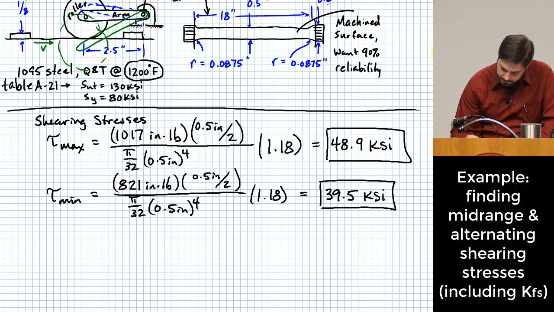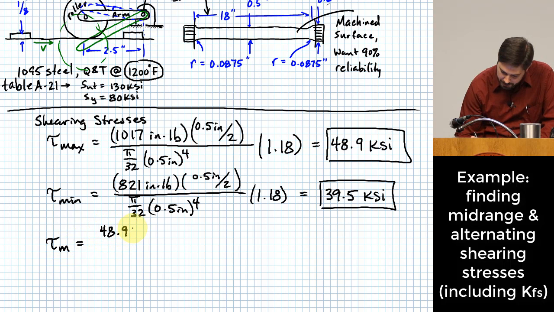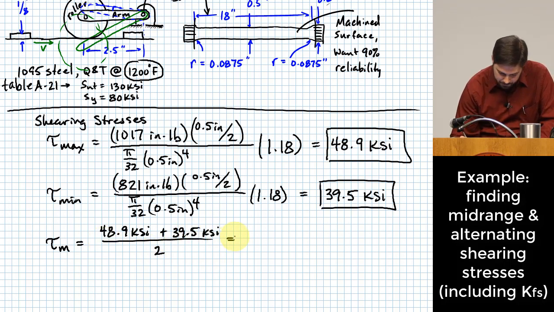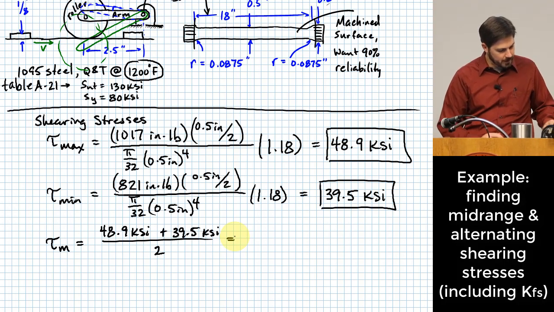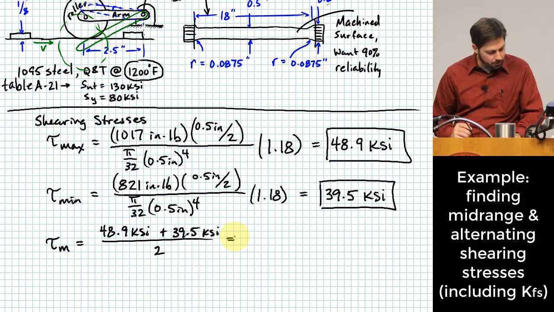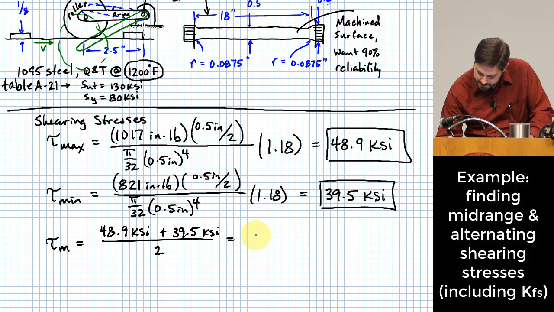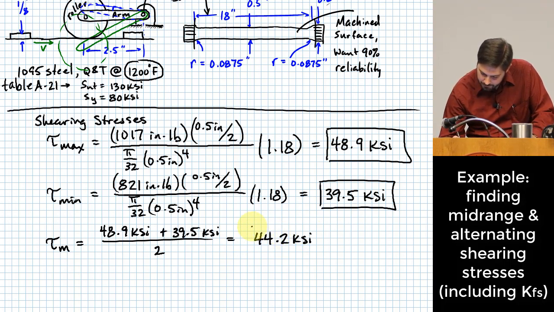I'll say tau sub m is going to be equal to 48.9 KSI plus 39.5 KSI over 2. Okay, and I get 44.2 KSI for the mid-range.